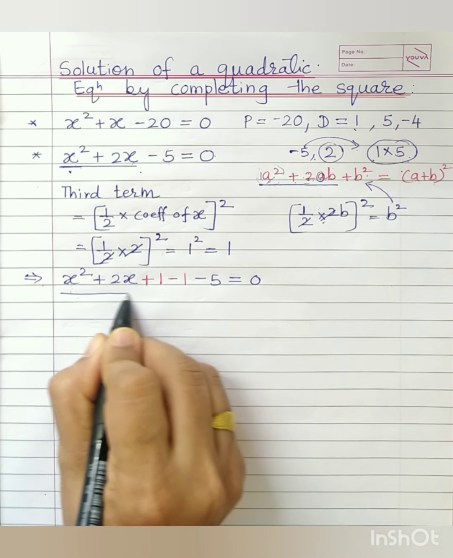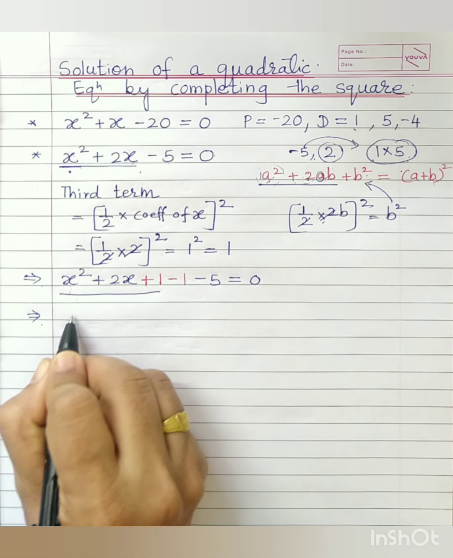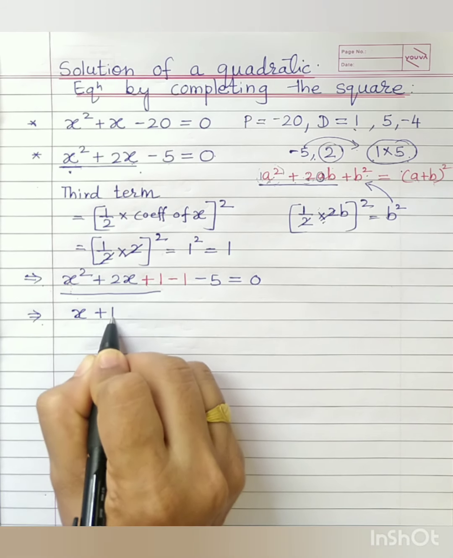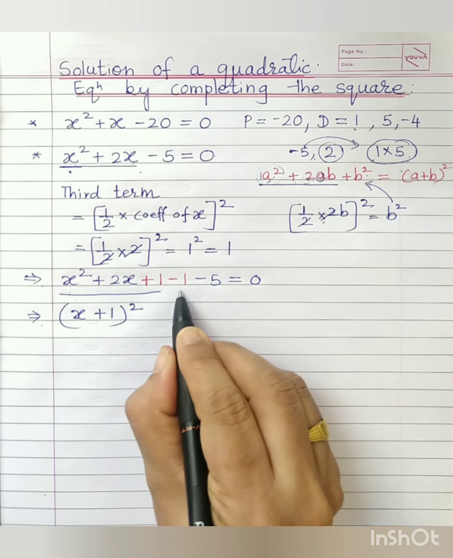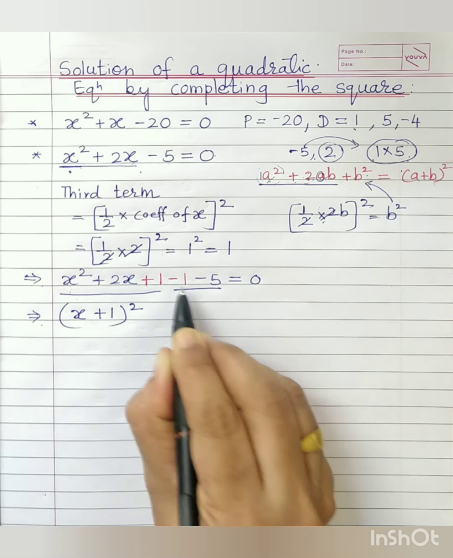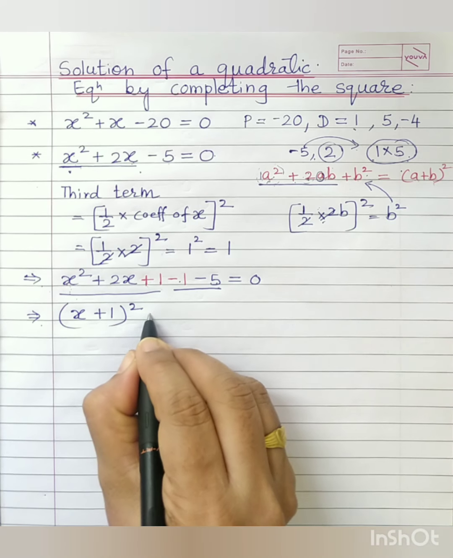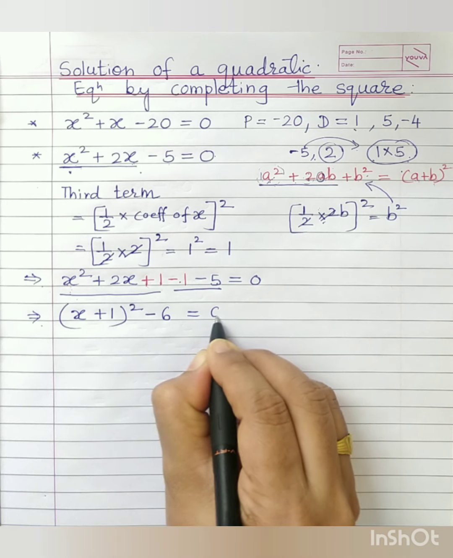Now look at this part. This will become x plus 1 the whole square, and just check this. Minus 1 minus 5, what will it become? Minus 6 is equal to 0.